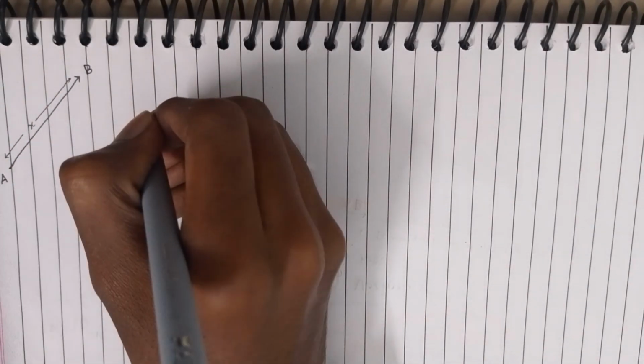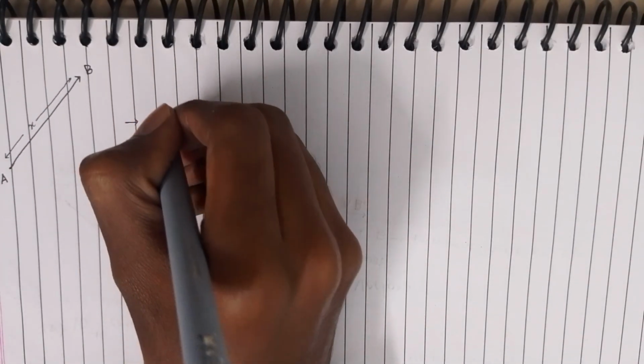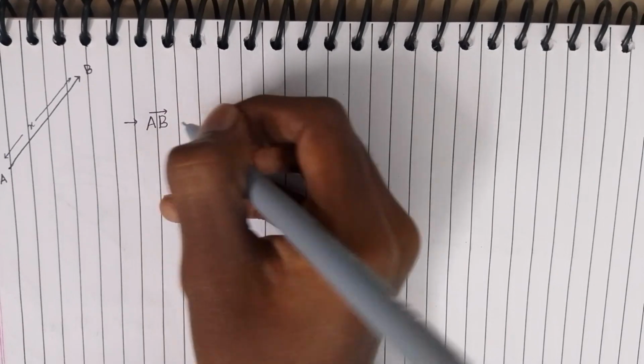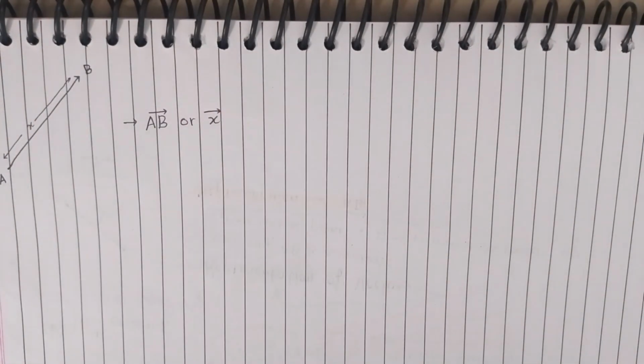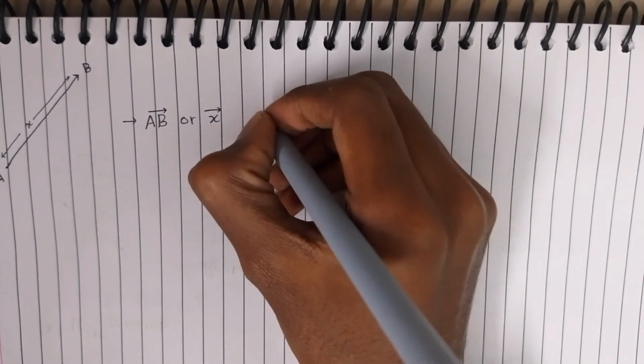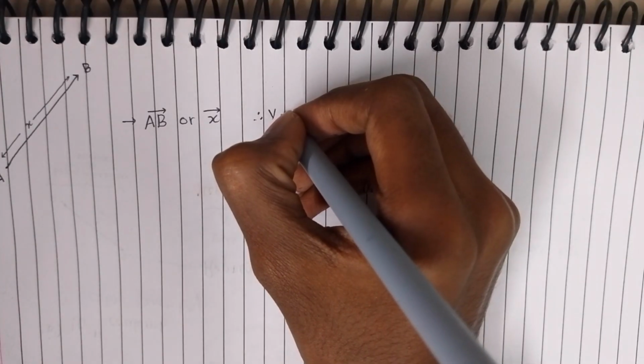Let's write that diagram again here. This was the initial point and this was the terminal point. For this whole, we can write this thing as x. We know how to represent a vector, AB vector or even x vector, like this. Very simple, yeah? We know a vector is composed of two things.